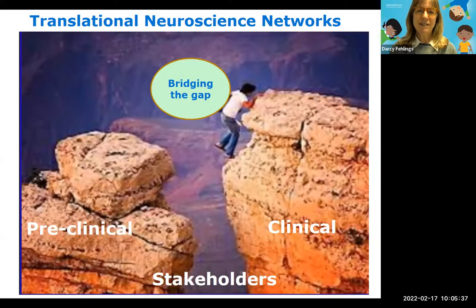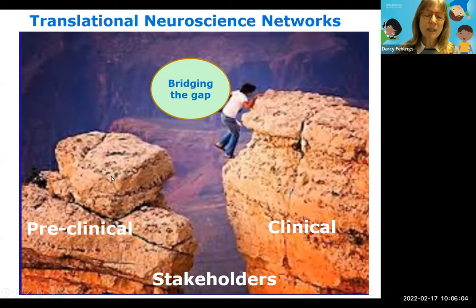So what is a translational neuroscience network? It really is a group of researchers coming together that spans preclinical, basic translational research and clinical research with clinical services and engaging stakeholders. And the concept of the network is really trying to bridge the gap.